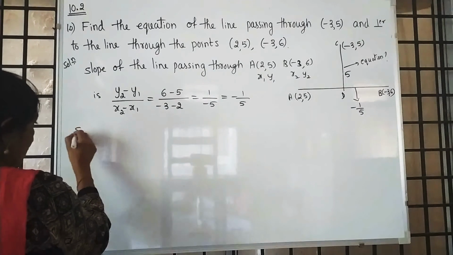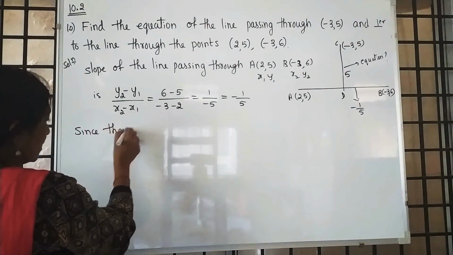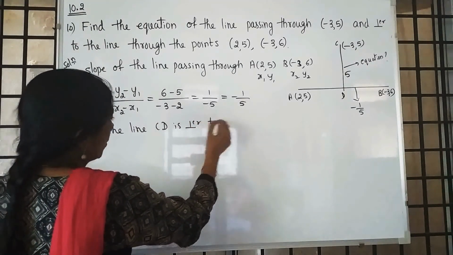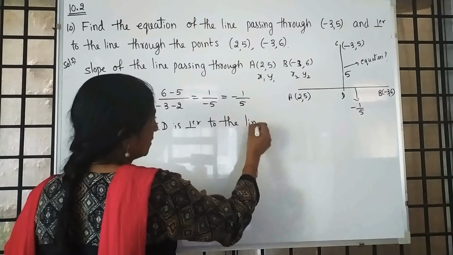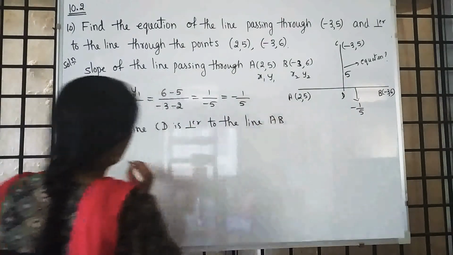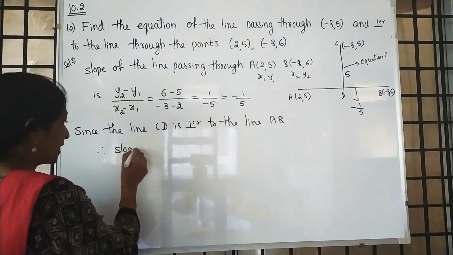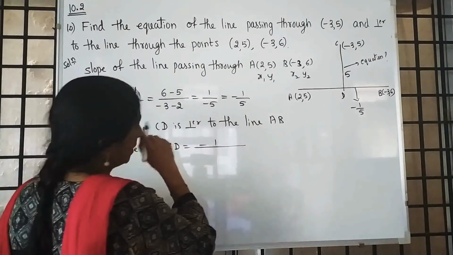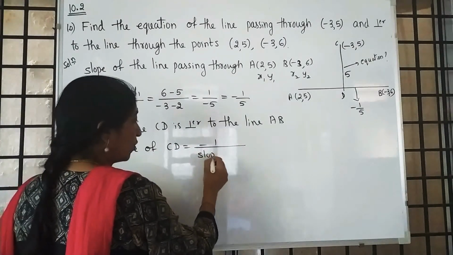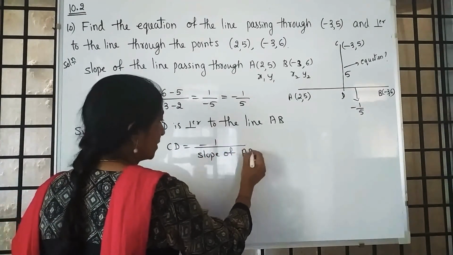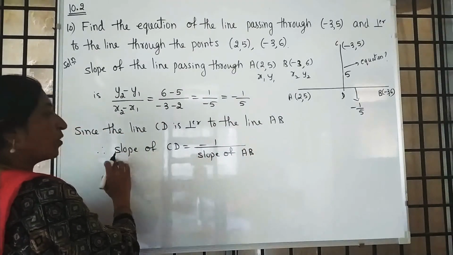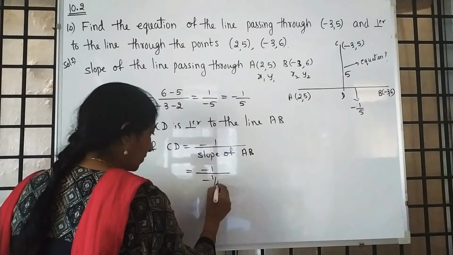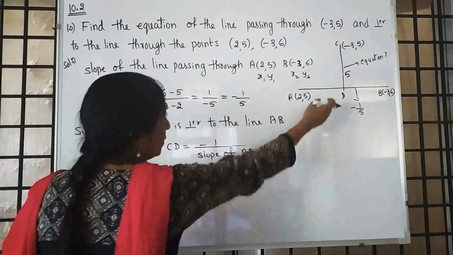Therefore, write down, since the line CD is perpendicular to the line AB, slope of CD is equal to minus 1 upon slope of AB, because slope of AB into slope of CD is minus 1. It is minus 1 upon minus 1/5. You got 5.